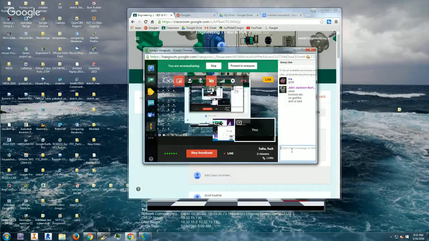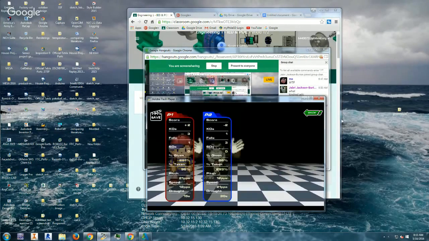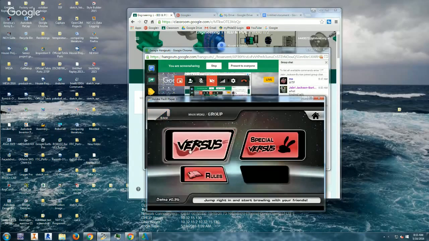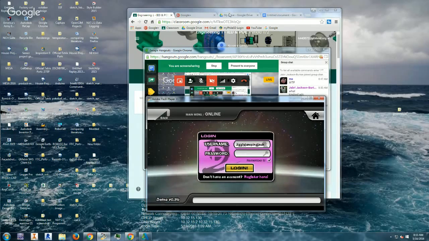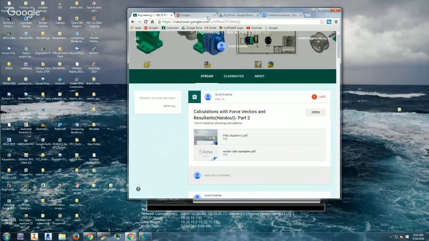Now, why would you care about solving for these unknown reaction forces? Because you have to be able to predict, as a designer, whether your structure is going to fail based on the forces that truss sees.